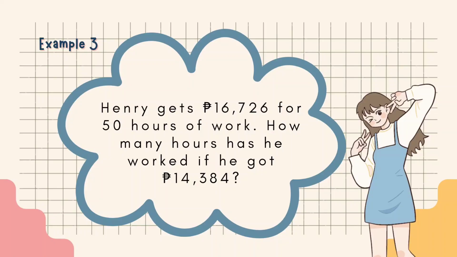And for the last example, Henry gets 16,726 for 50 hours of work. How many hours has he worked if he got 14,384 pesos? Let the amount received by Henry be treated as y and the number of hours he worked as x. Substitute given x and y values in the direct proportion formula.